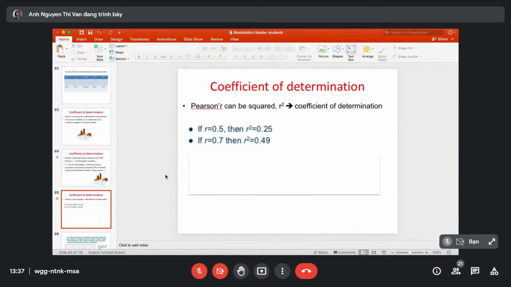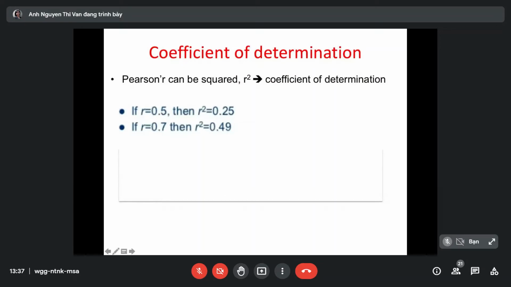So from the R value, you can take the square of R. That is the coefficient of determination. So you remember the term coefficient of determination.